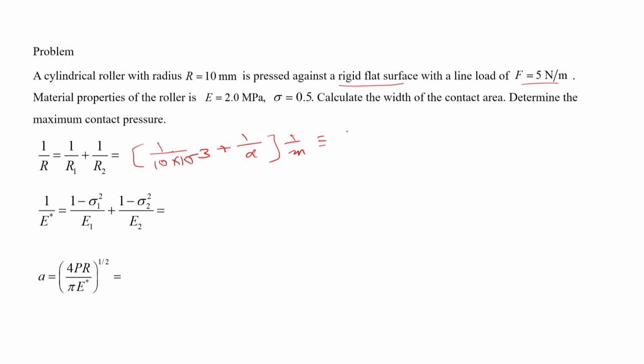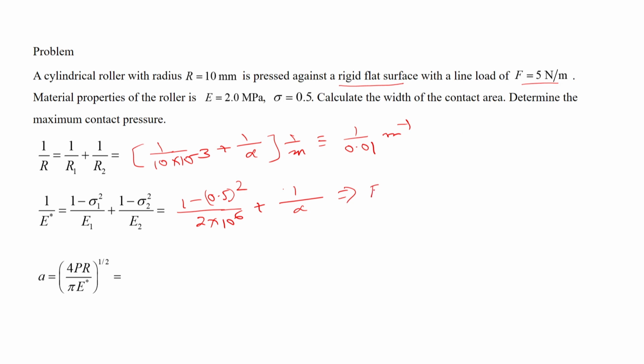So this is equal to 0.01 meter inverse, because it is 1 by R. And here it is 1 minus nu 1 square, 0.5 whole square, by E1, which is 2 megapascal, 2 into 10 to the power 6, plus the second term, which is about infinity because the surface is rigid. So E is very large.